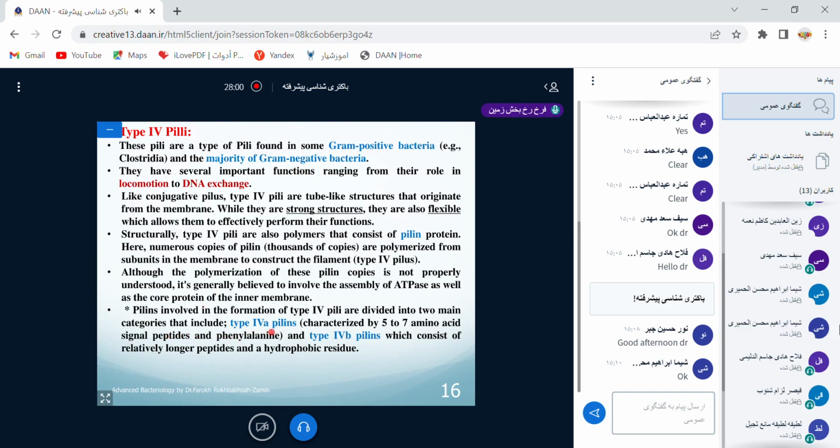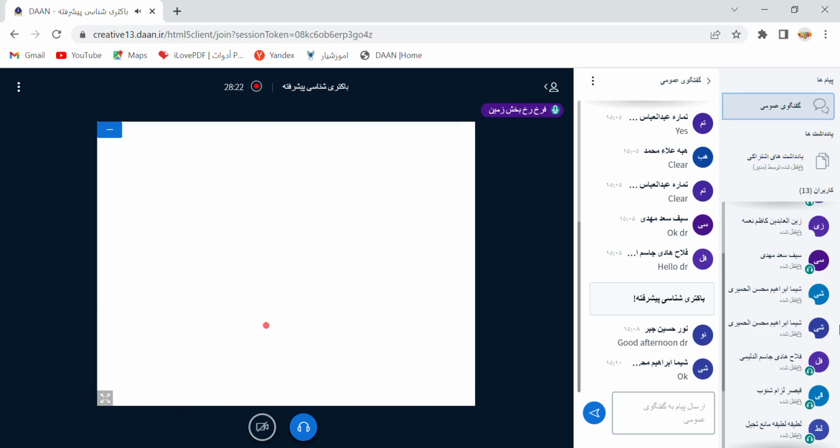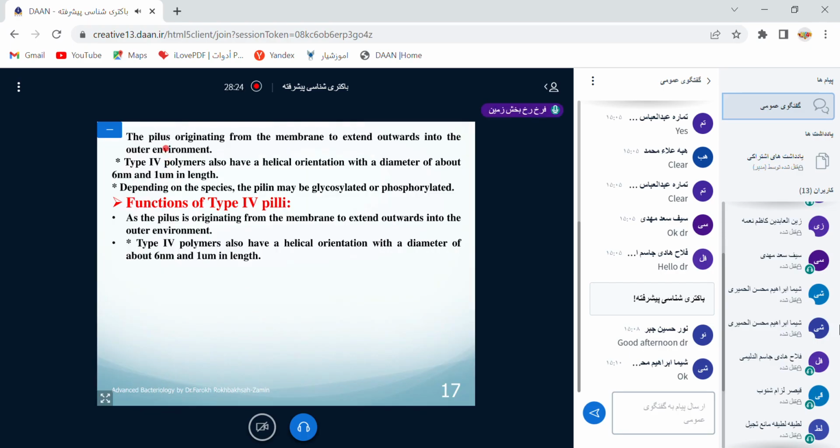Type 4A pilins are characterized by 5 to 7 amino acid signal peptides and phenylalanine, and type 4B pilins consist of a relatively longer peptide and a hydrophobic residue. The pilus originates from the membrane and extends outwards into the outer environment.